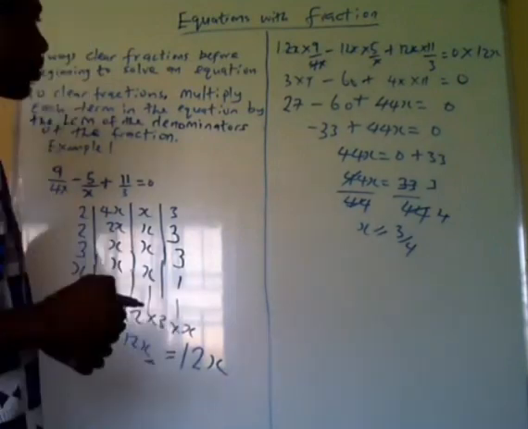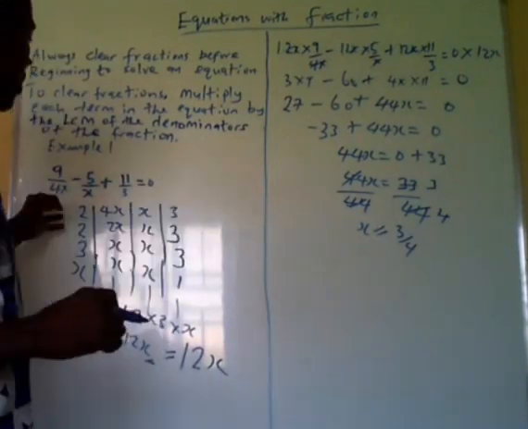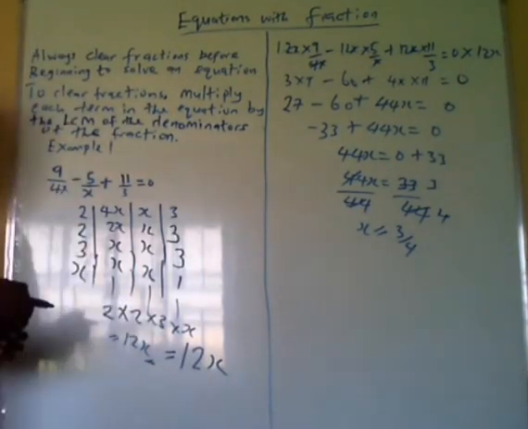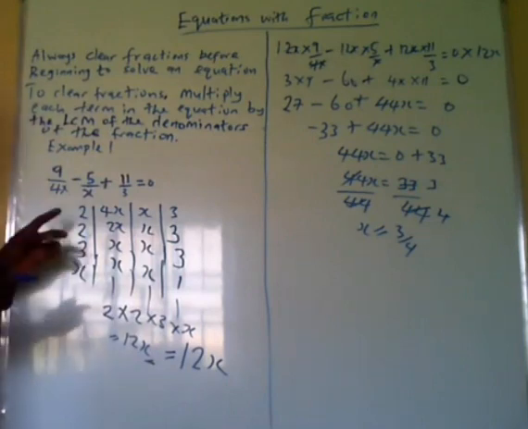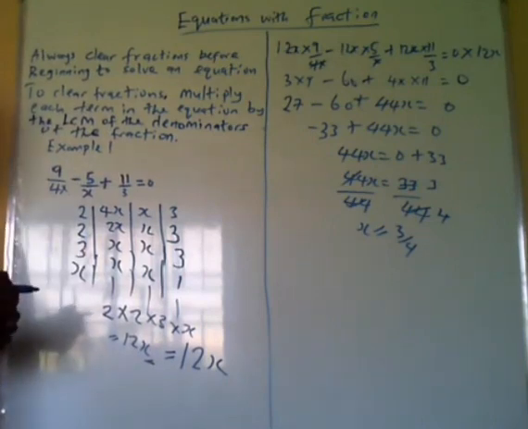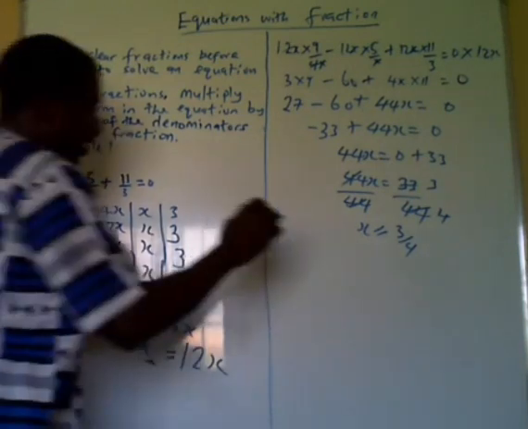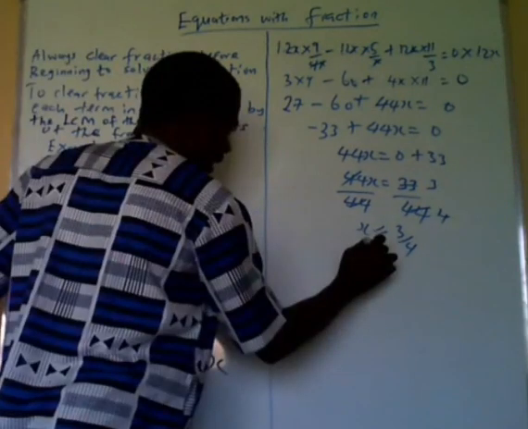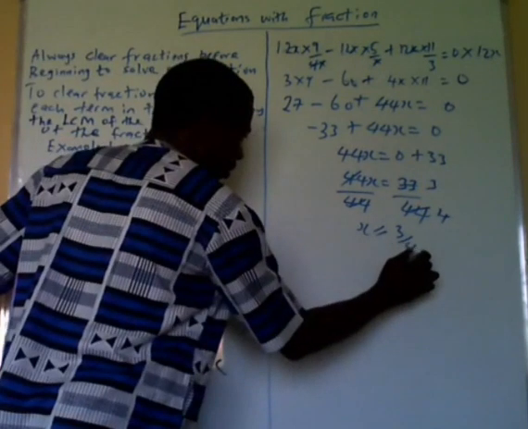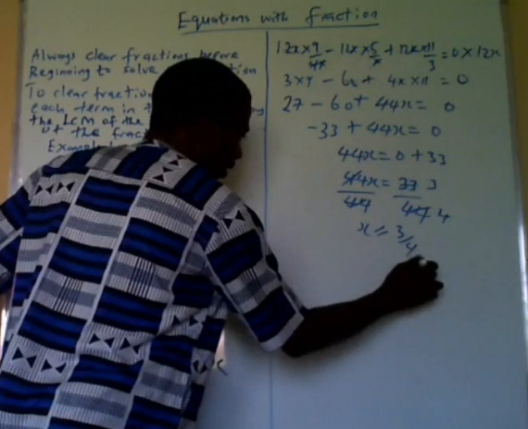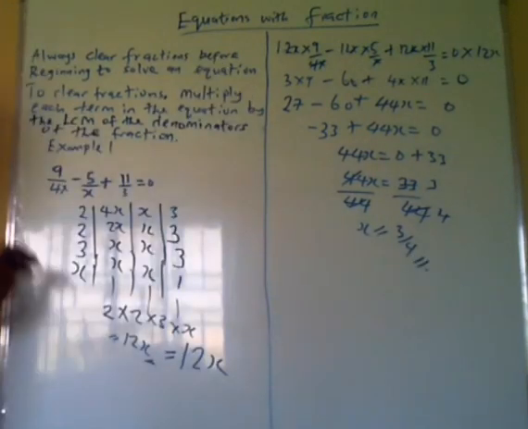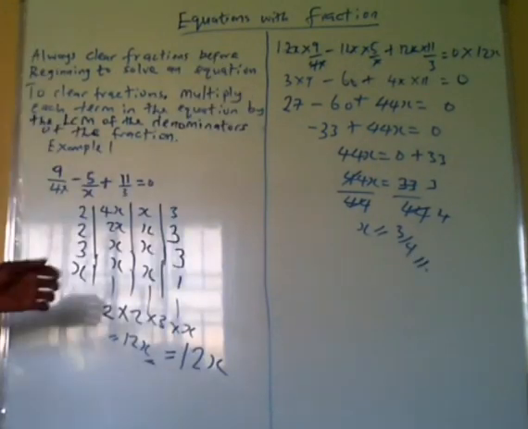Now, to solve this equation, 9 over 4x minus 5 over x plus 11 over 3 equals 0, the final answer will be x equals 3 over 4. So that is the final answer.